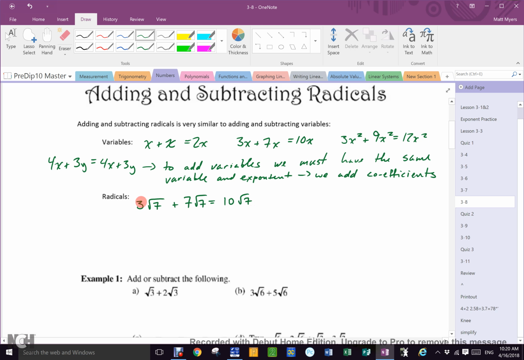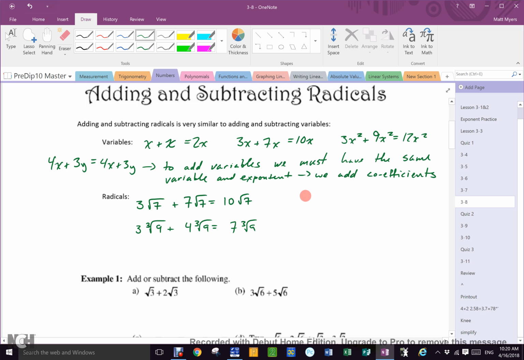Because that is a coefficient times something, and both of those are the same thing. Right? Okay. So what would this be? 3 cube root 9 plus 4 cube root 9. 7 cube root 9s. Everybody good?